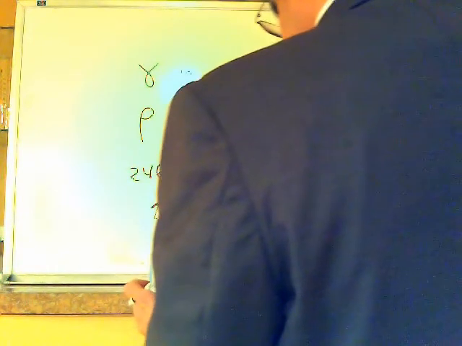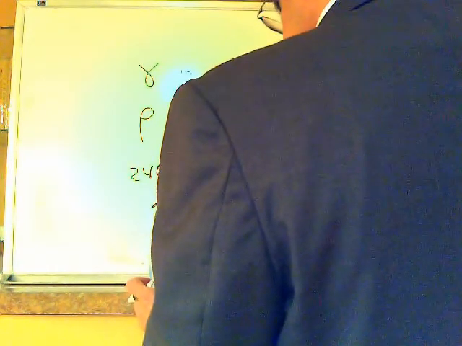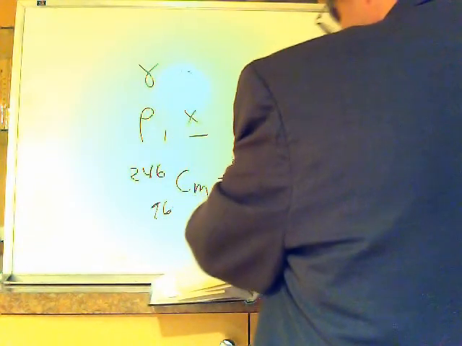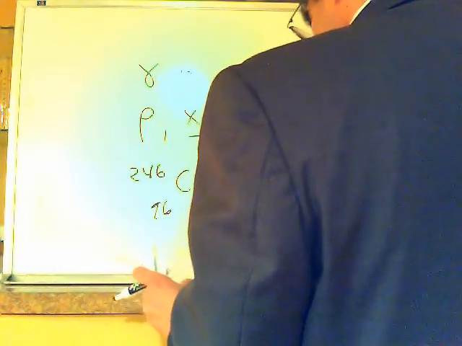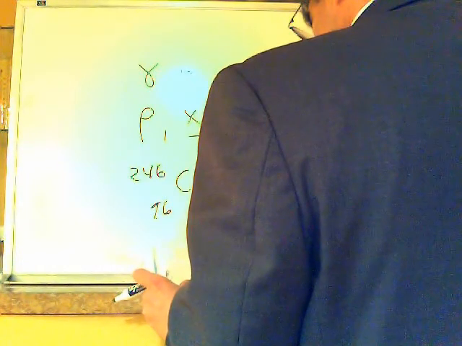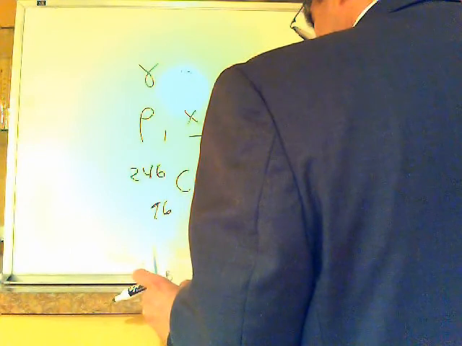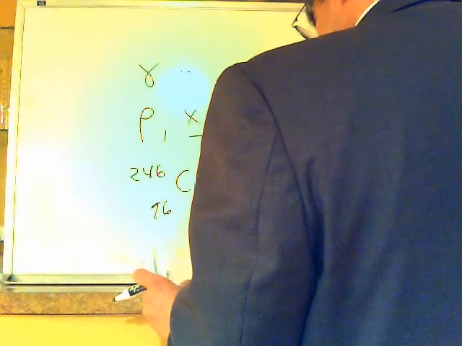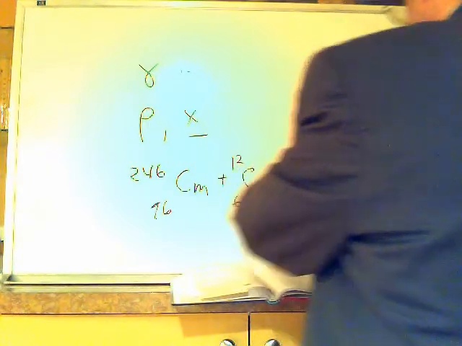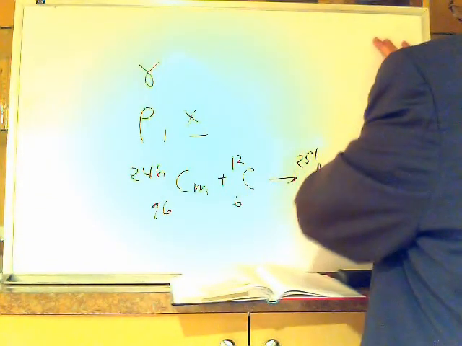No, it can't be 104. It must be 100 and I guess it's 102. And 258 minus 4 is 254, and then you're producing 4 neutrons in the process.